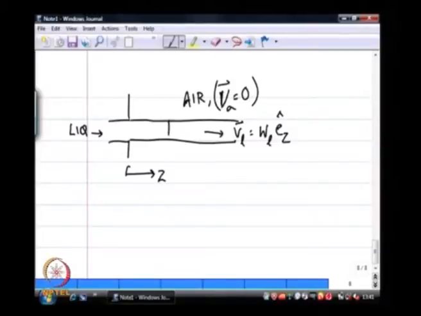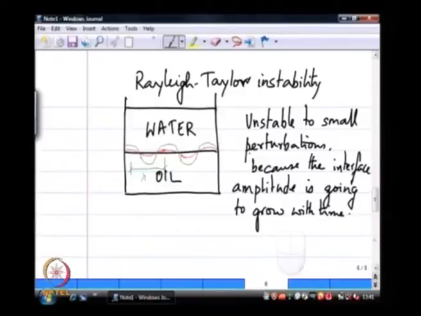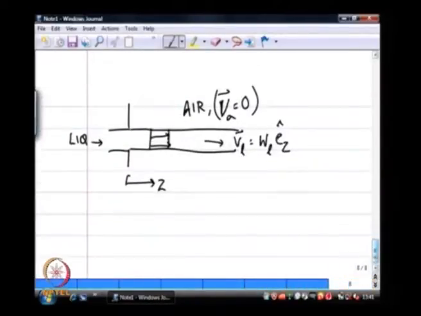Okay, so, if I was to draw the velocity profile, and the air is at 0 velocity. So, this meniscus here is subject to this relative velocity between the fluid moving fast and the outside air being at rest.